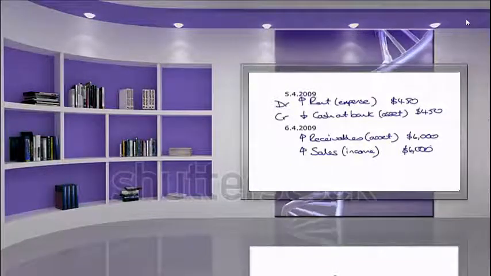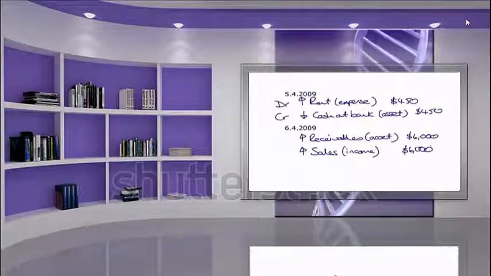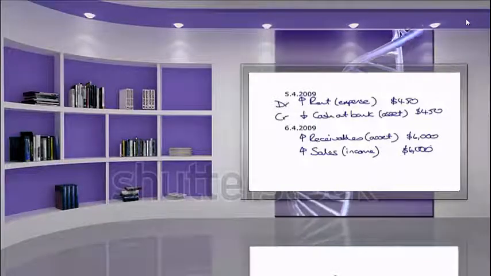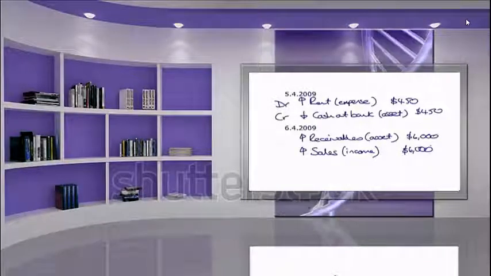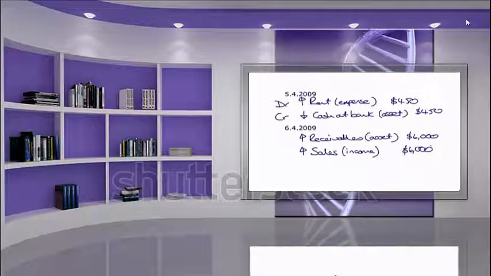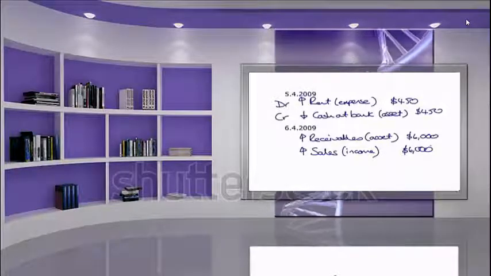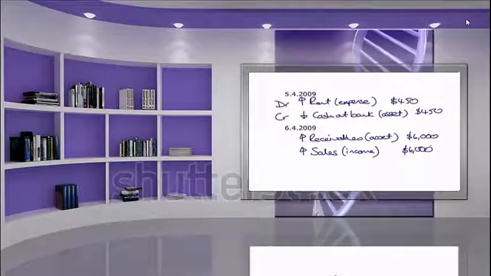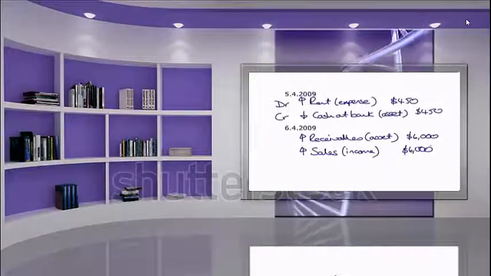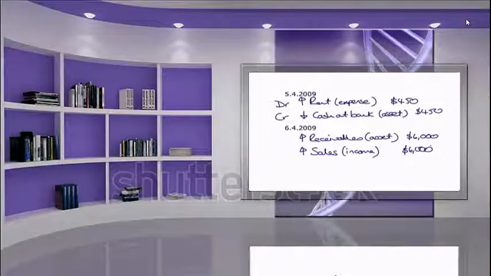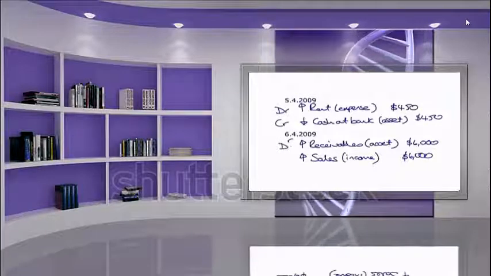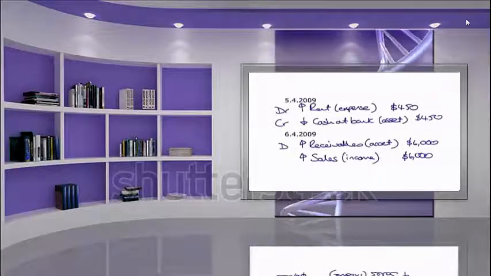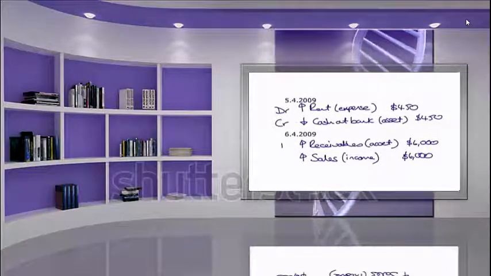The dual effect would still balance, still work. Debits and credits then. To increase an asset, increase asset must be a debit entry. It's the A in DEAD CLIC. So to increase an asset, that would be a debit entry.